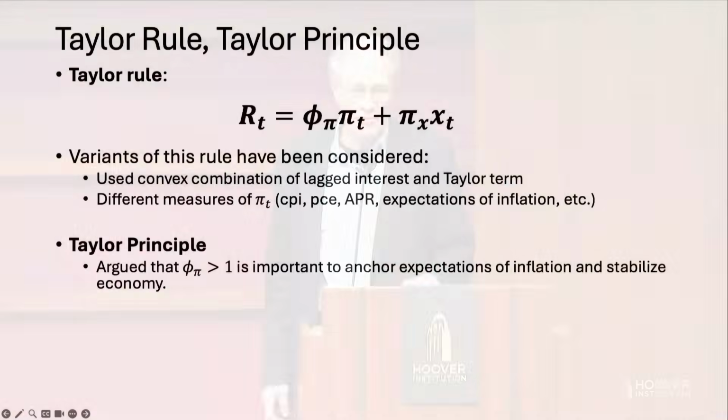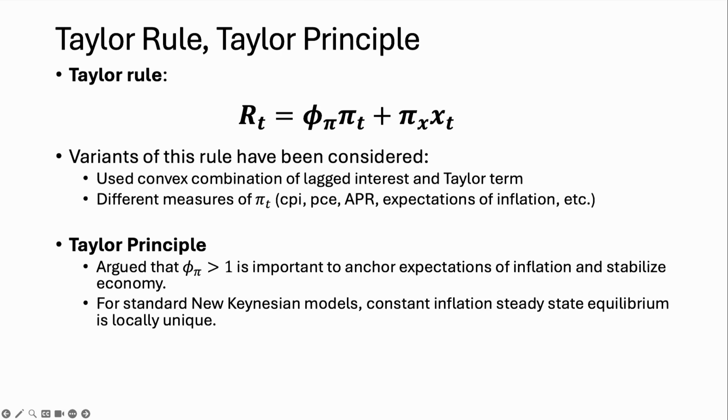That rule, everybody recognizes it. But John went a step further and said, look, you should follow that rule, but you should have the coefficient on inflation be, well, in really simple models, bigger than 1. The right way to say it is it should be big. It might be 1.5, 1.75, and I estimated it would be something like 1.7 in the data.